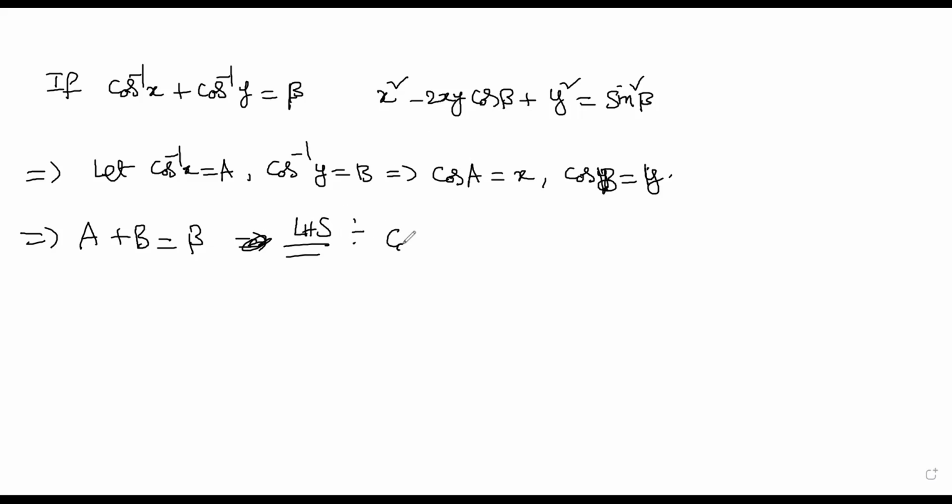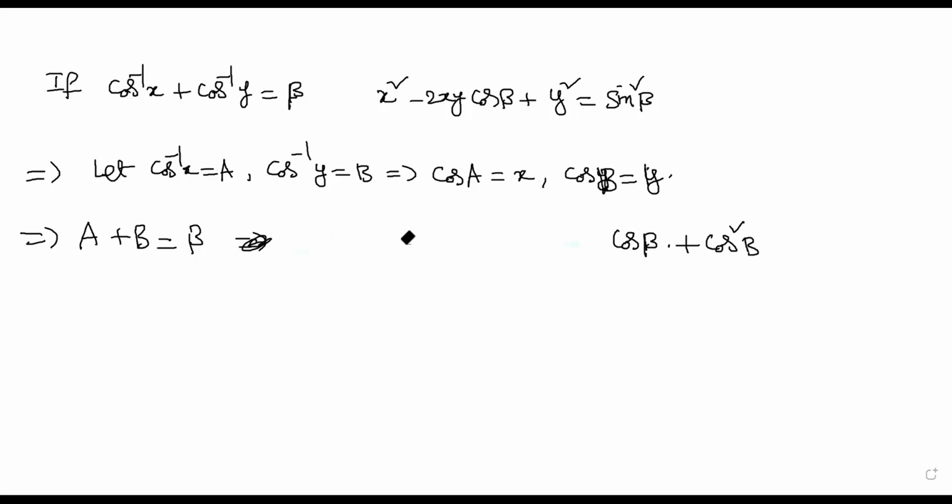You have cos square a, x square minus 2xy, minus 2 cos a cos b cos beta, plus y square, and y square is cos square b. It's difficult to prove from LHS. Okay, we'll have another method.